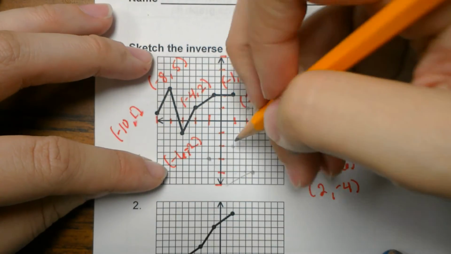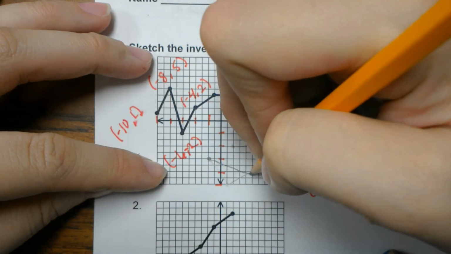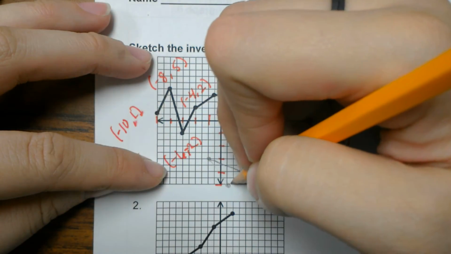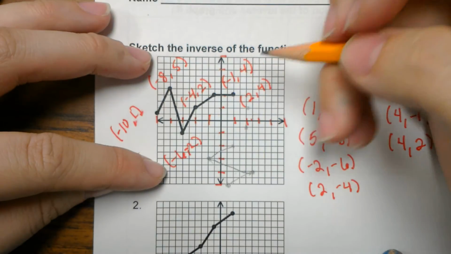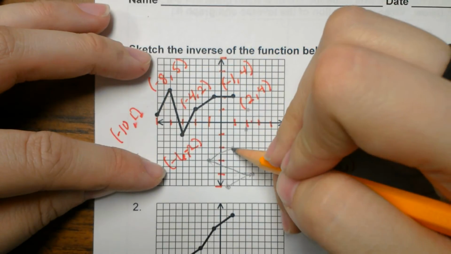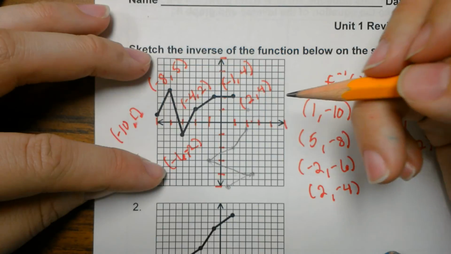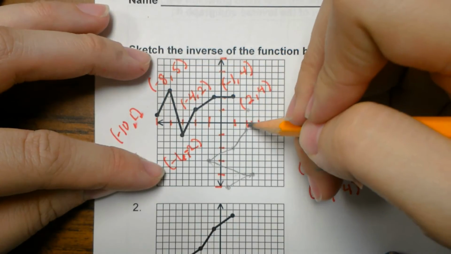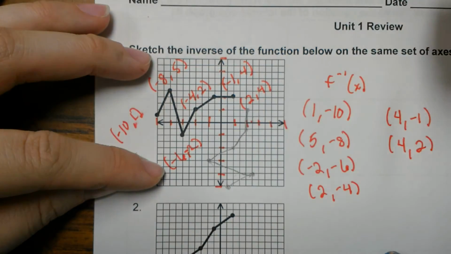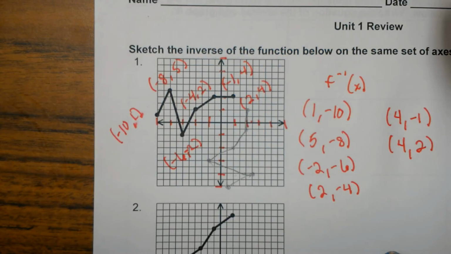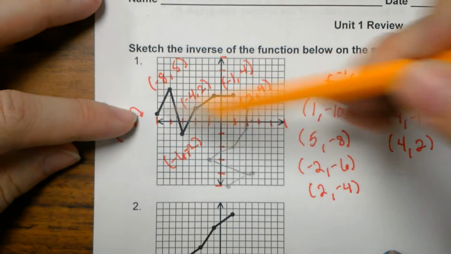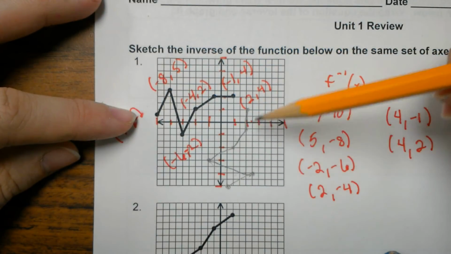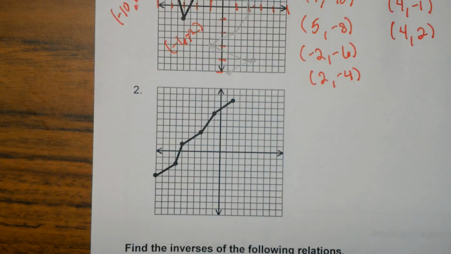Goes from 5 over here. It cuts over here. Then it goes up. So you can see that this half is kind of reflected over here.